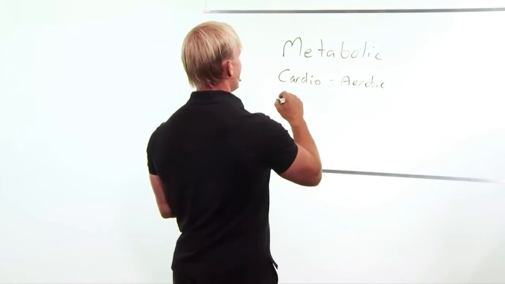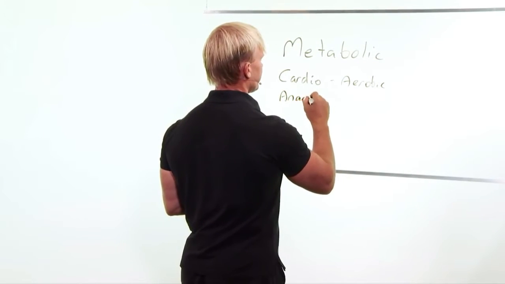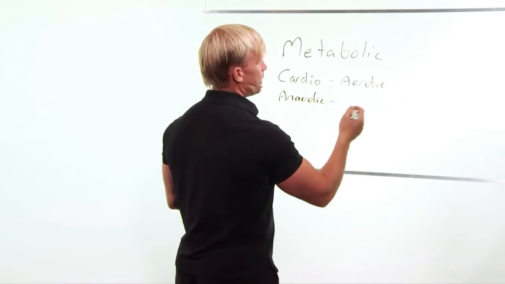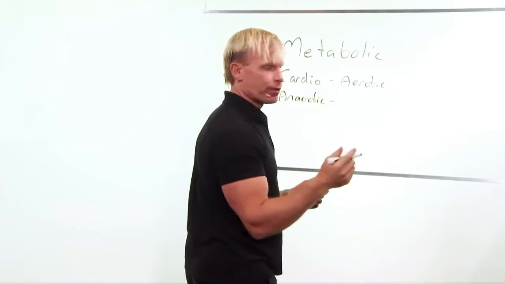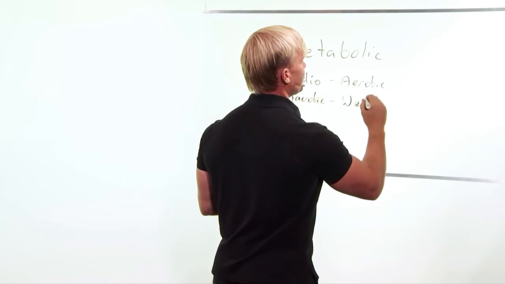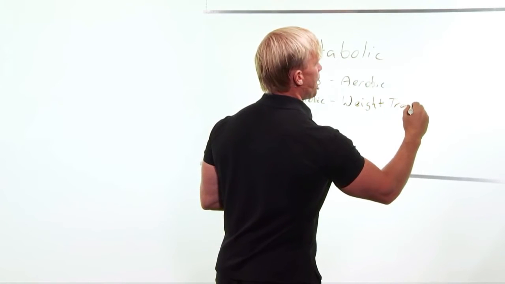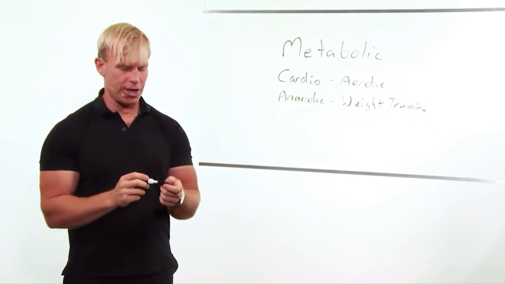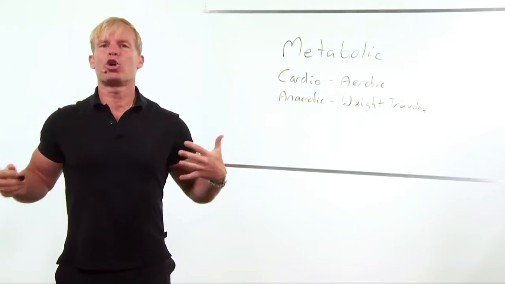Then if you look at anaerobic training, like weight training or sprinting, right? So let's say weight training, one of the things that I like to do. It's a lot higher intensity, shorter duration generally, and it picks up your metabolism.